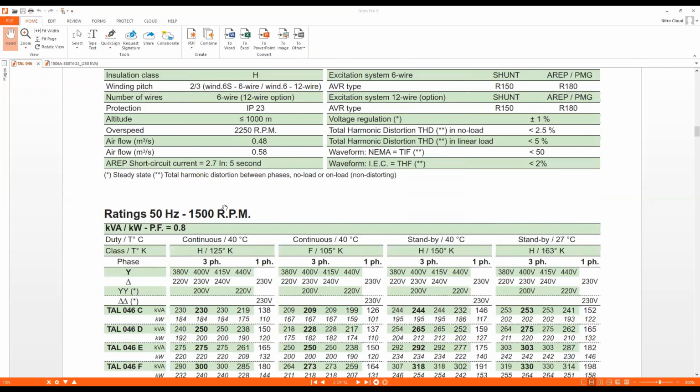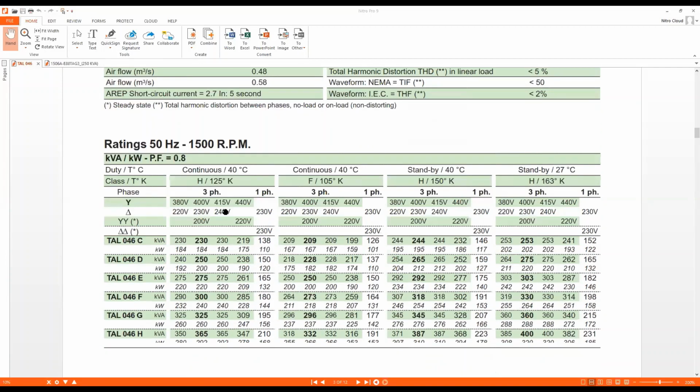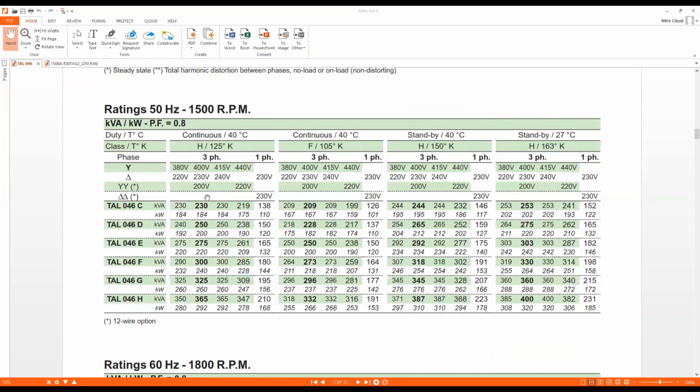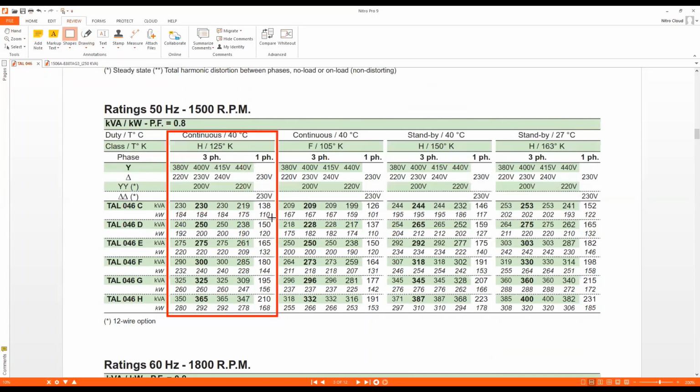Now, let's go down to the different models and see what the temperature rise class is. Typically, everyone who looks at this datasheet looks in this area. They'll say, for example, okay, 415 volts, I need 250 kVA, I'll go with this alternator.